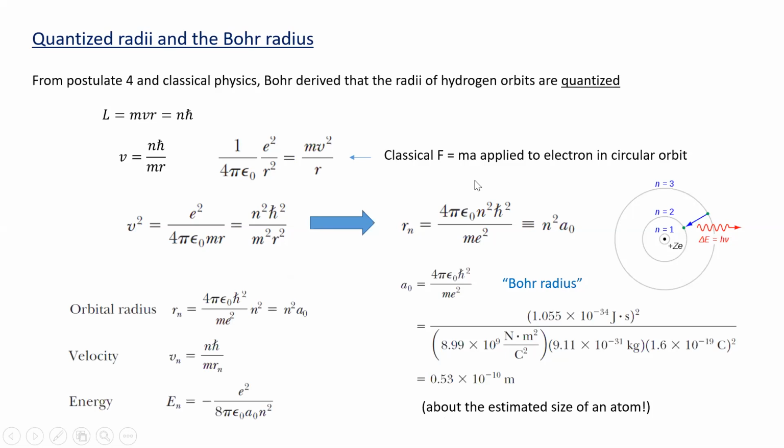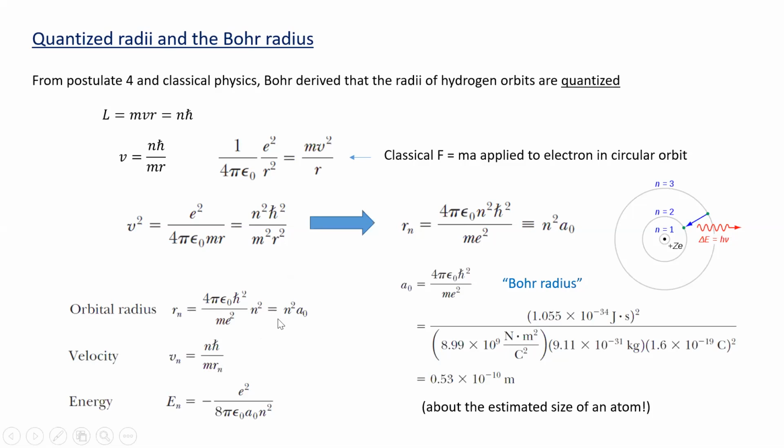And just to record different relationships here, this is again the formula for the orbital radius, and it goes up as n squared. This is the formula for the velocity from above. It goes as n h bar over m r n.